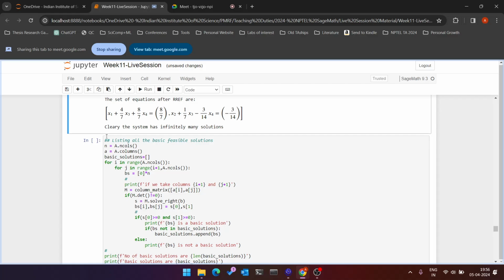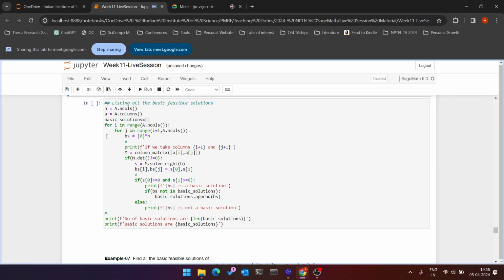Here we have four columns. Choosing two out of those will basically create six possible submatrices, six possible basic solutions. Then we'll check their feasibility, and if everything goes right, we should have up to six basic feasible solutions.